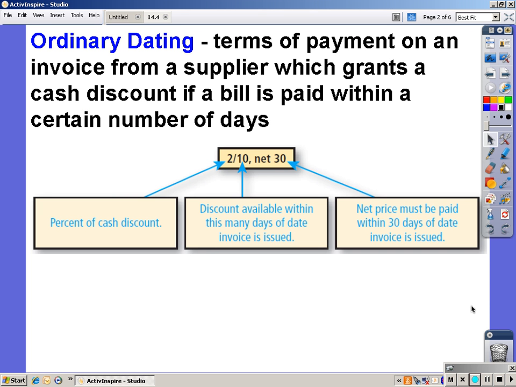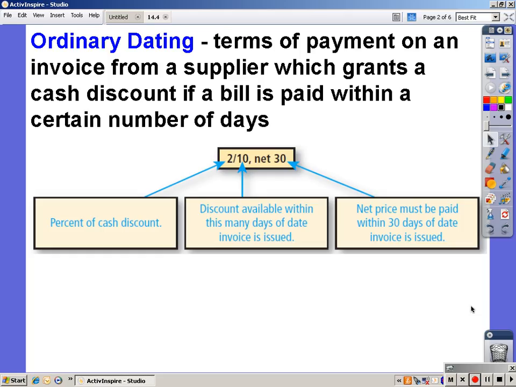Finally, we have ordinary dating, which is terms of payment on an invoice from the supplier which grants a cash discount if the bill is paid within a certain number of days. You may see an example such as 2/10 net 30, which means they'll give you a 2% cash discount if you pay the bill within the first 10 days.